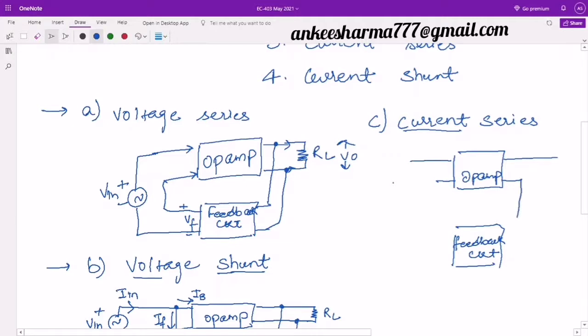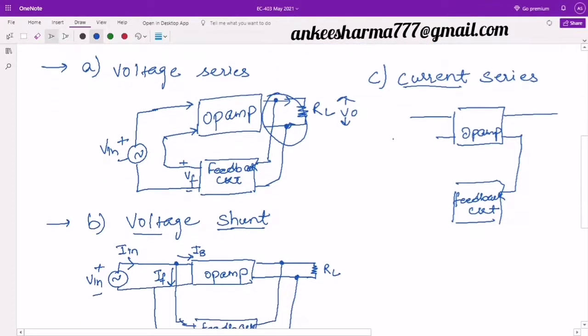So instead of the parallel connection which we did in the case of voltage, where you can see this one was also a parallel combination, this one was also a parallel combination, in the case of current series, I am going to take the series combination. It means some load resistor will be connected over here and it will be sent to the feedback circuit. Now it is connecting at the input again with the series combination.